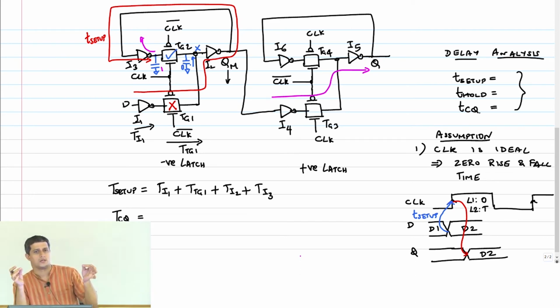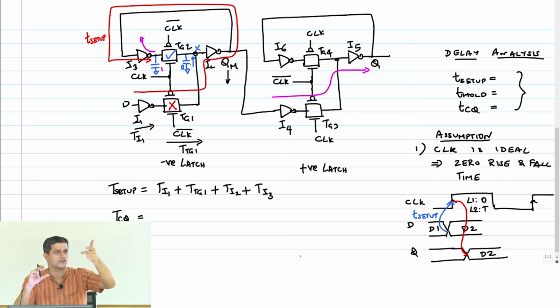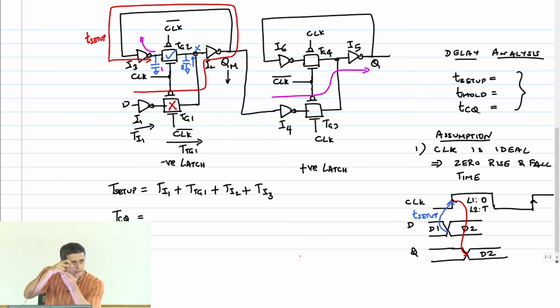No. But see, what we have done is, this guy had a voltage, input voltage. Across TG2 there was another voltage. Both are same. Now the feedback is switching, which means that the feedback loop had some value. Nothing is changing there. That's the point.